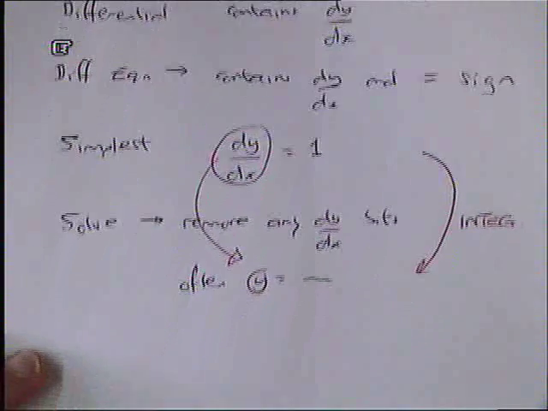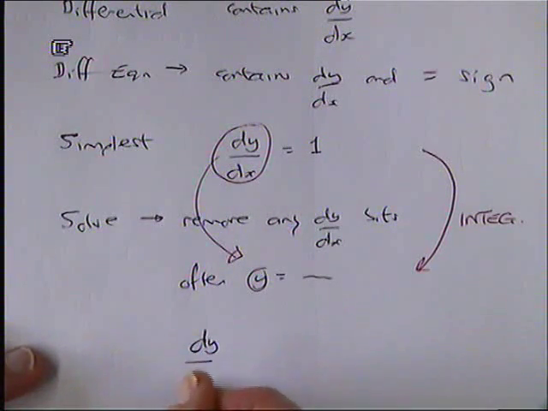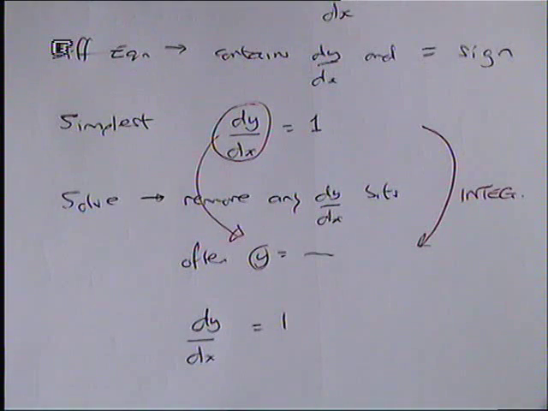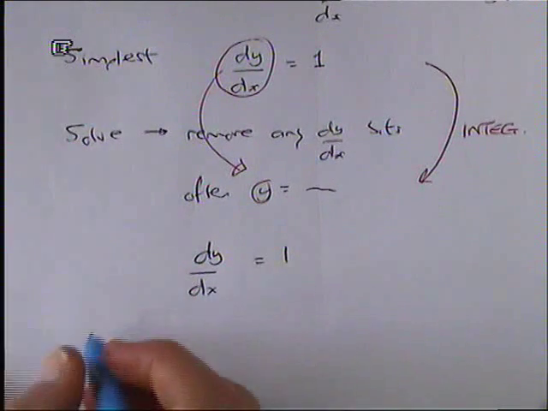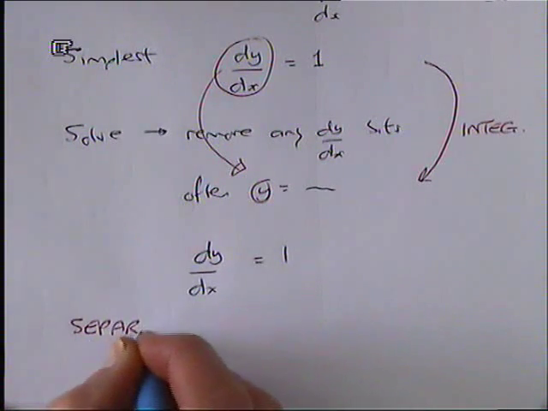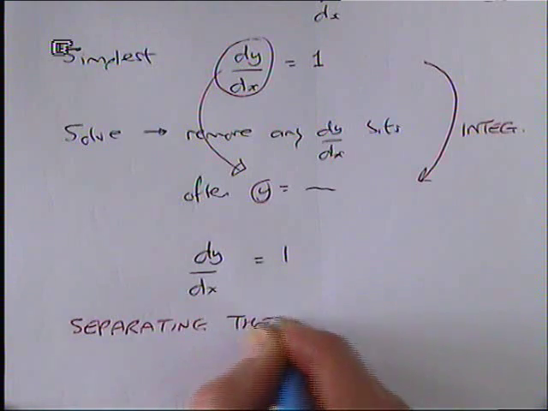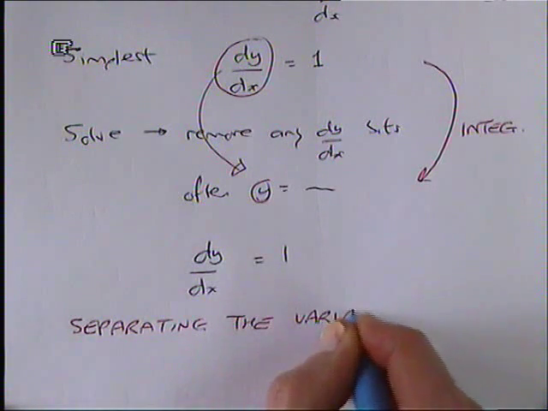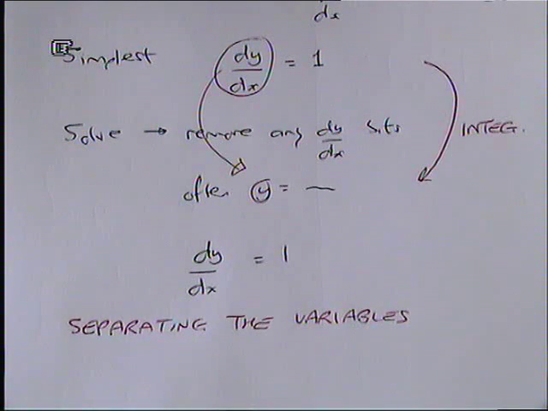Okay. So I'm going to write that equation down again. The way we generally do it is through a technique called separating the variables. And separating the variables means you separate the x bits from the y bits.